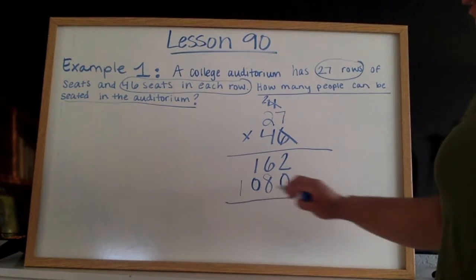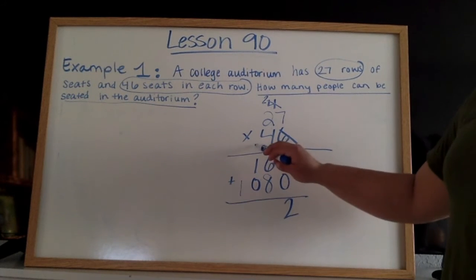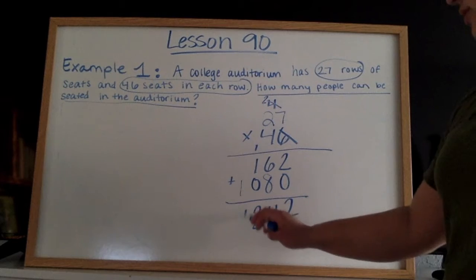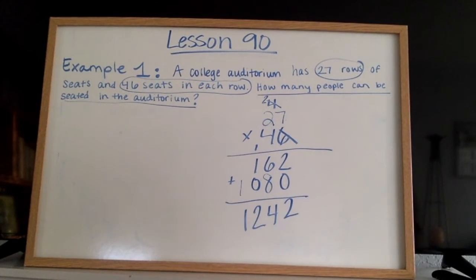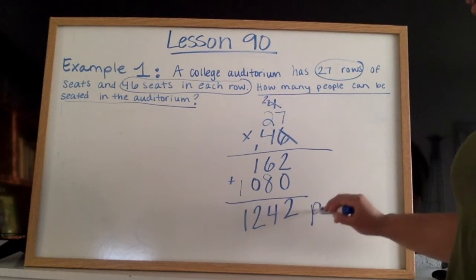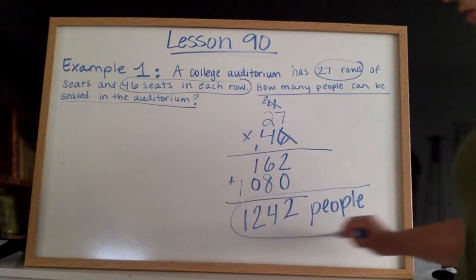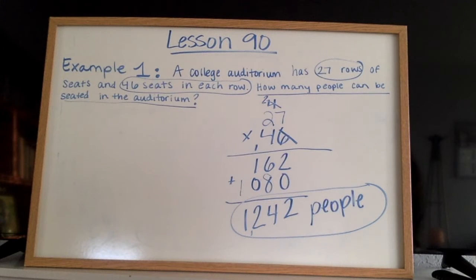And we can add these together. We'll get 1,242. Now we need a label because we're dealing with word problems. It asks us how many people. 1,242 people.